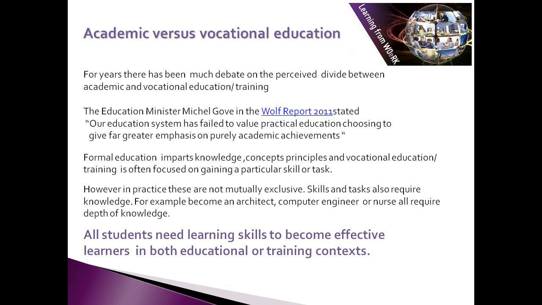Much divide over these subjects. However, the essence is that they're not mutually exclusive. To actually become a computer engineer or a nurse, you need both academic and vocational skills to gain a depth of knowledge. However, all students need learning to become effective learners. You need the skills in both education and training contexts.